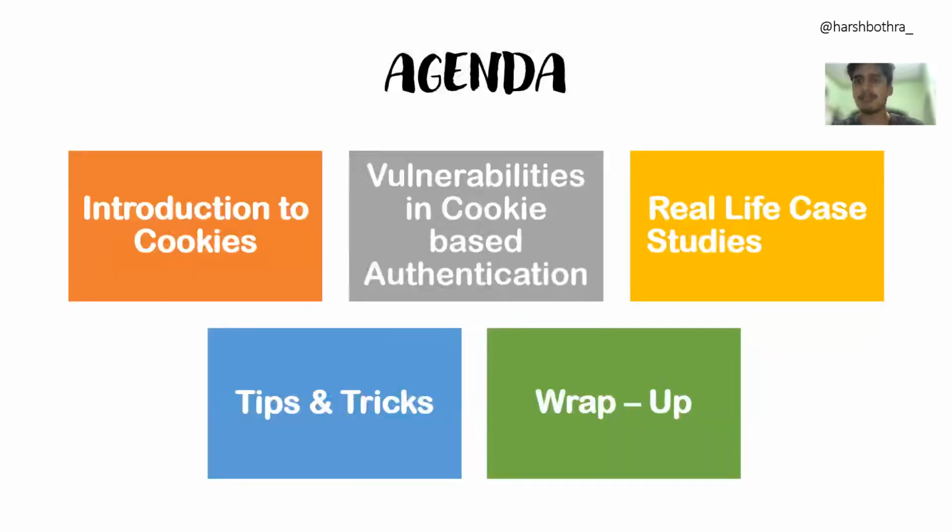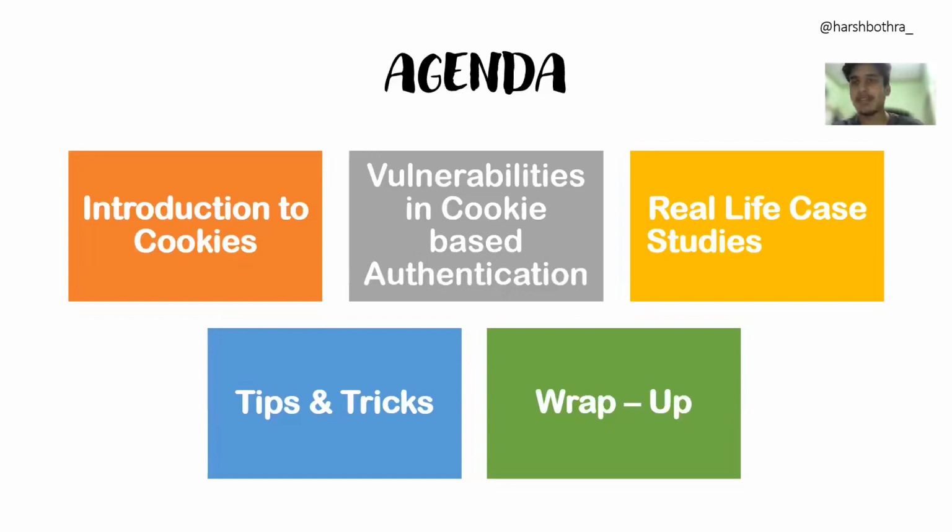So the agenda for today is going to be very simple. This is going to be a very small talk where we are going to talk about my approach towards hacking cookies, because often I see that people just ignore that endpoint. This is a very big attack surface if you really know what to look for. And obviously the things that I'm going to tell you are not the only things that you can look for. You can use your imagination to go beyond that. So the agenda is really simple.